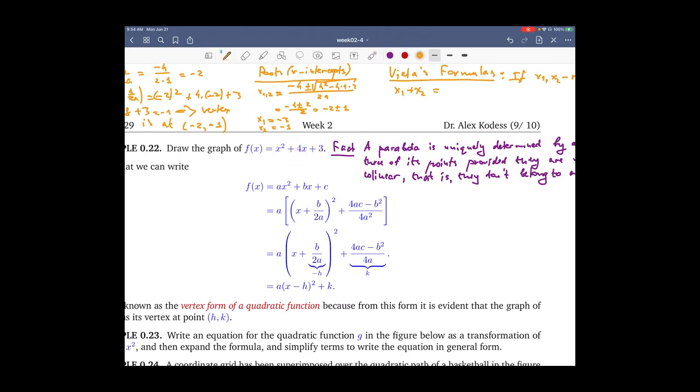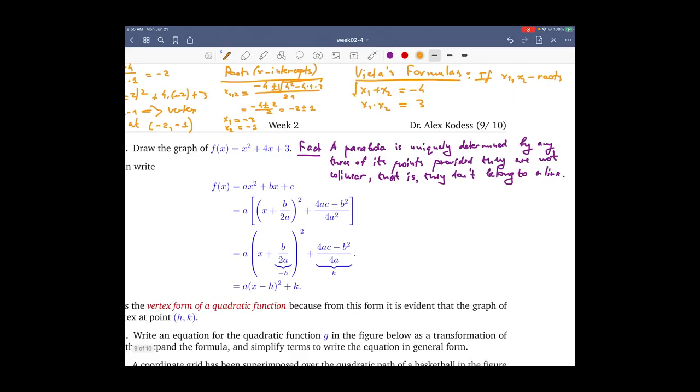So the sum of the roots will be negative 4. And the product of the roots is the free term. And very often you can simply guess what two numbers multiply to 3 and what two numbers add up to negative 4. And it's clear that these numbers are negative 3 and negative 1.